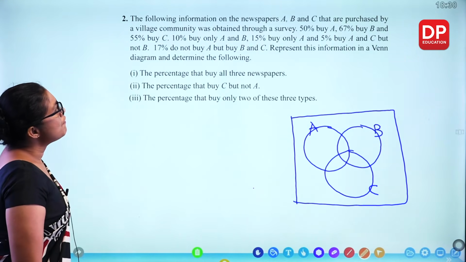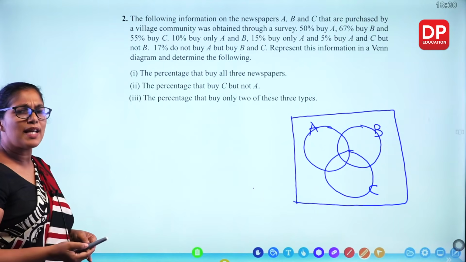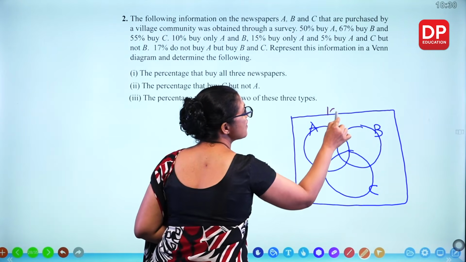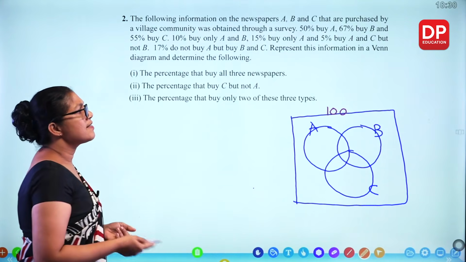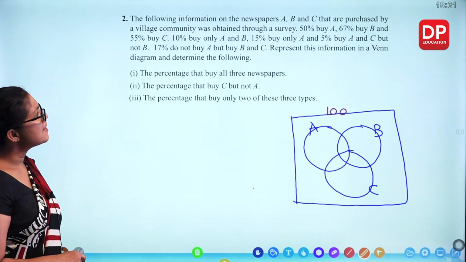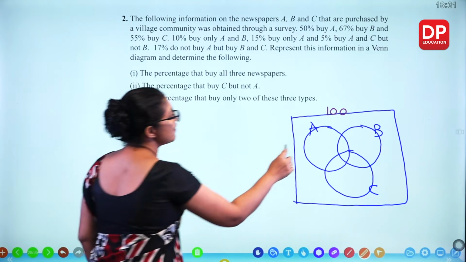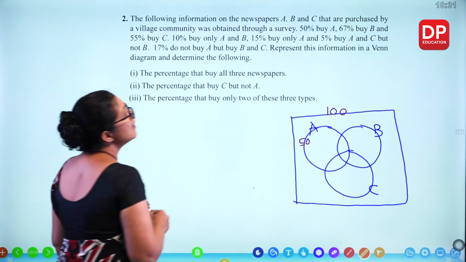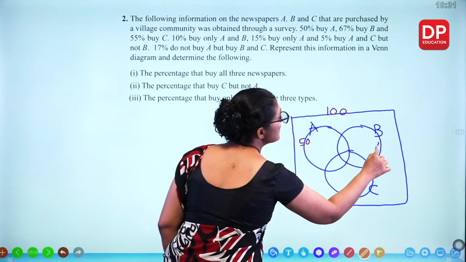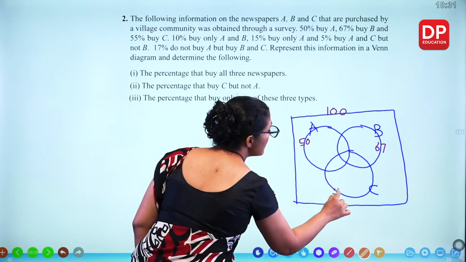It says 50% by A. Without taking percentage, we'll take altogether this is 100. If this is 100, 50% by A, so you can write 50 here. 67% by B, 67 here. And 55 by C.